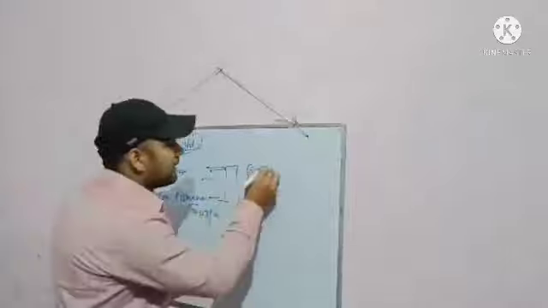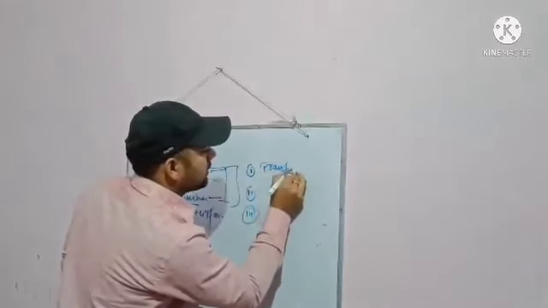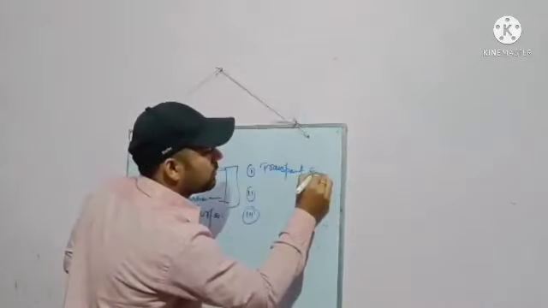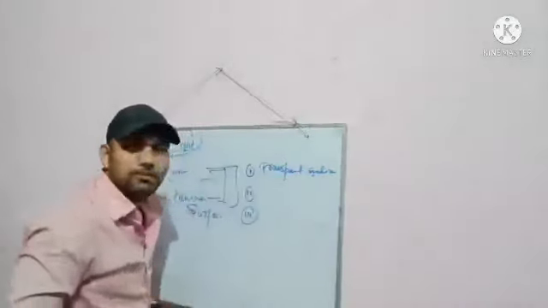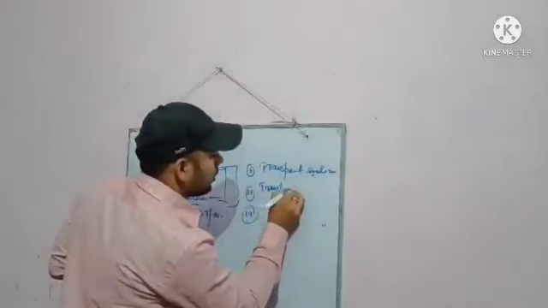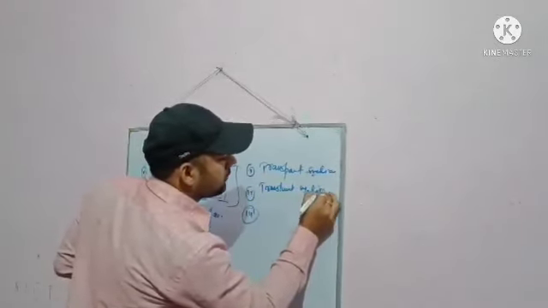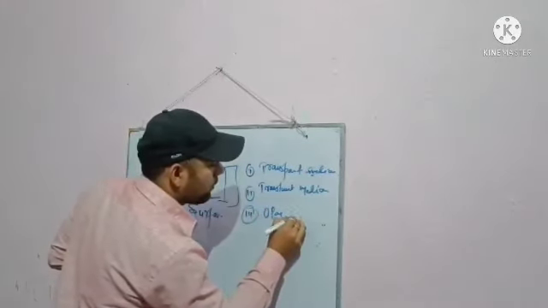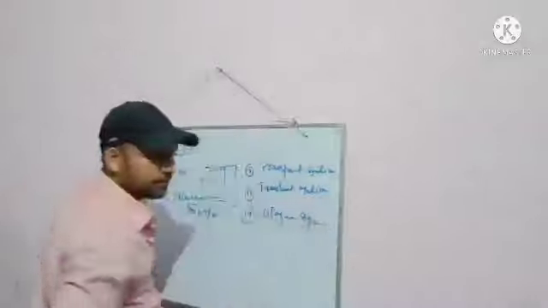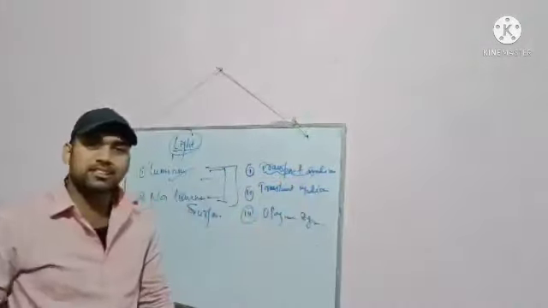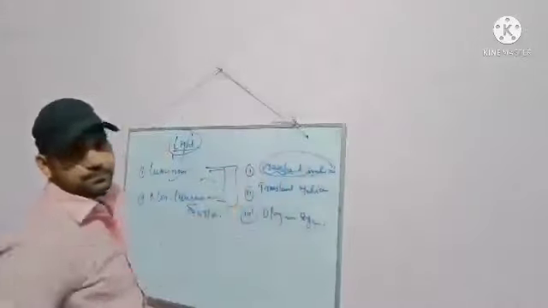First is transparent object or medium, that is called medium as well. Transparent medium. Second is translucent medium, and third is opaque medium and surface as well.